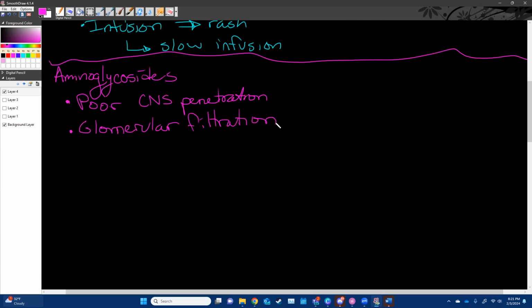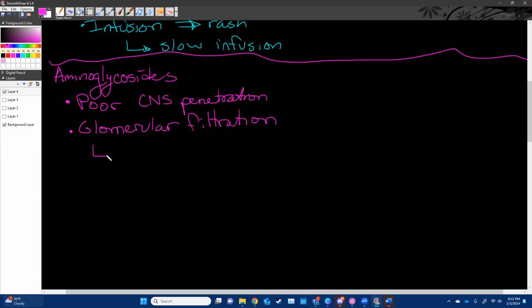When we talk about tubular excretion, we're talking about going through one of the transporters along the actual, not ureter, renal tubule, right? Exactly, the OAT transporter is a big one. Aminoglycosides are being filtered right at the beginning of the renal tubule.